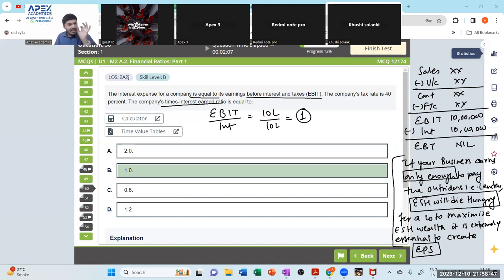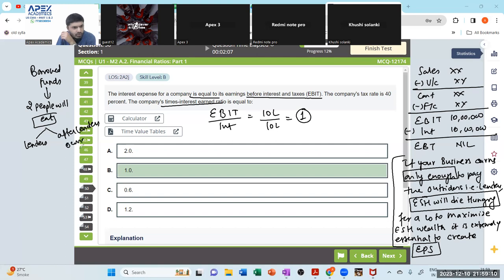Keep one thing in mind. If you have got borrowed funds, two people will eat. Who are they? Lenders, and after lenders, owners.